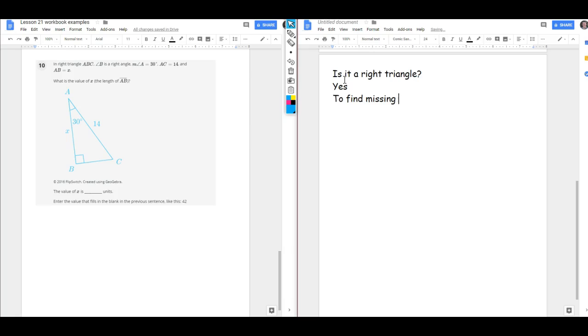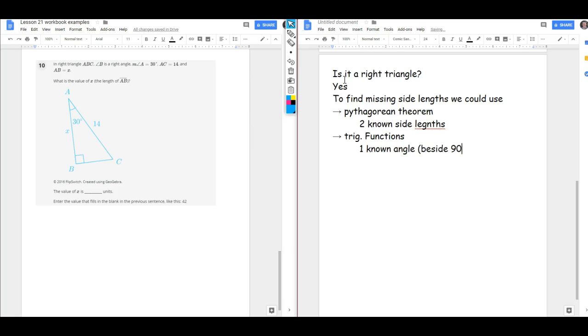So if yes, to find missing side lengths, we could use either the Pythagorean theorem, which, in order to do that, you need two known side lengths, or we could use trig functions, and you need one known angle besides the 90 degrees, and one known side length.